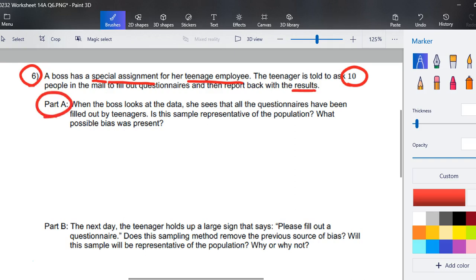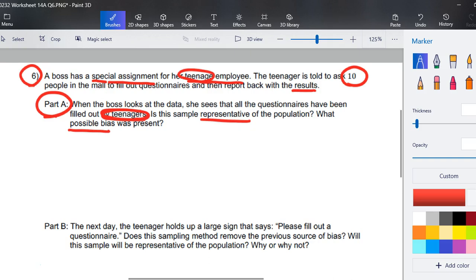Part A. When the boss looks at the data, she sees that all the questionnaires have been filled out by teenagers. So teenager asked teenagers. Is this sample representative of the entire population at this mall? What possible bias was present?